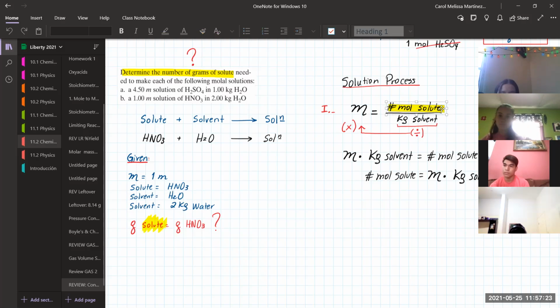And now you just replace by the givens. Number of moles of nitric acid is equal to the molar concentration, which is 1 m, times the kilograms of solvent, that is 2 kilograms. So my number of moles of nitric acid is equal to 1 times 2 gives me 2. 2 moles of nitric acid.